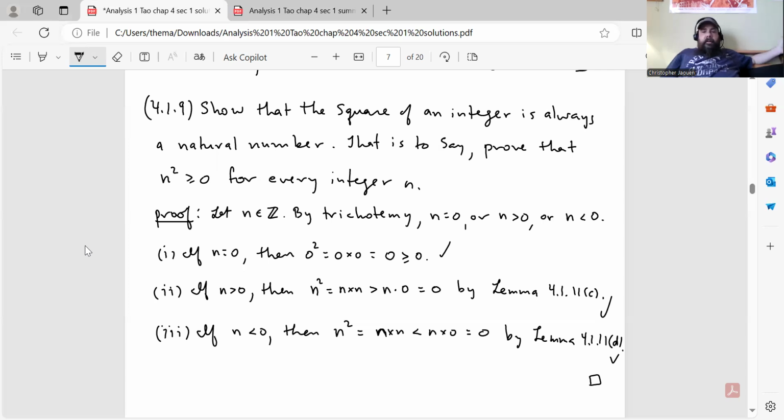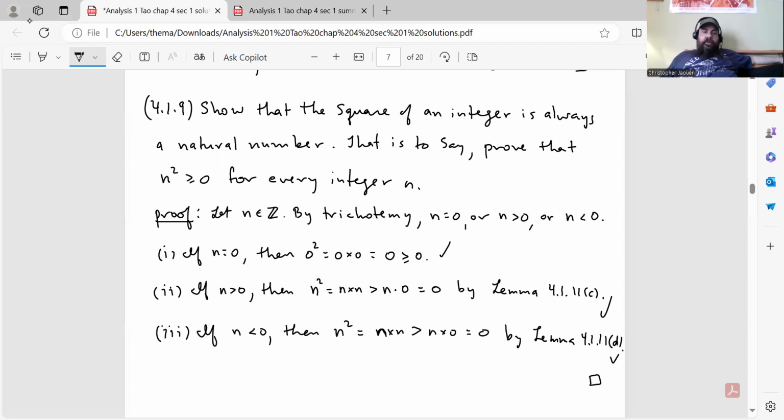And that follows from 4.1... Whoops, sorry, I have this backwards, don't I? It should be greater than 0, by lemma 4.1.11 part D. And that's it. That's the last problem in this section.